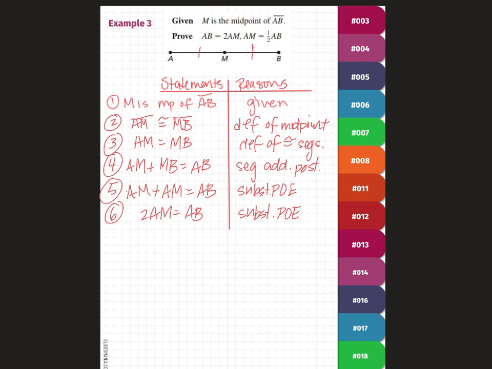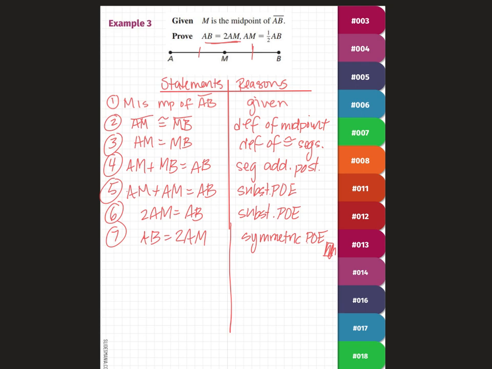So up until this point, now I have to switch it around, and I can say that AB is equal to 2AM. Draw a line, and that's going to be my symmetric. And I can put a square there because I'm done. I have proven this much.